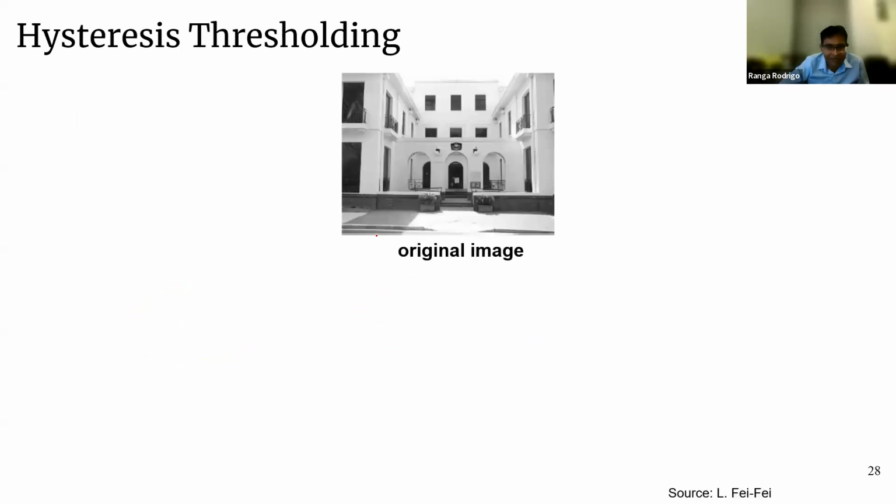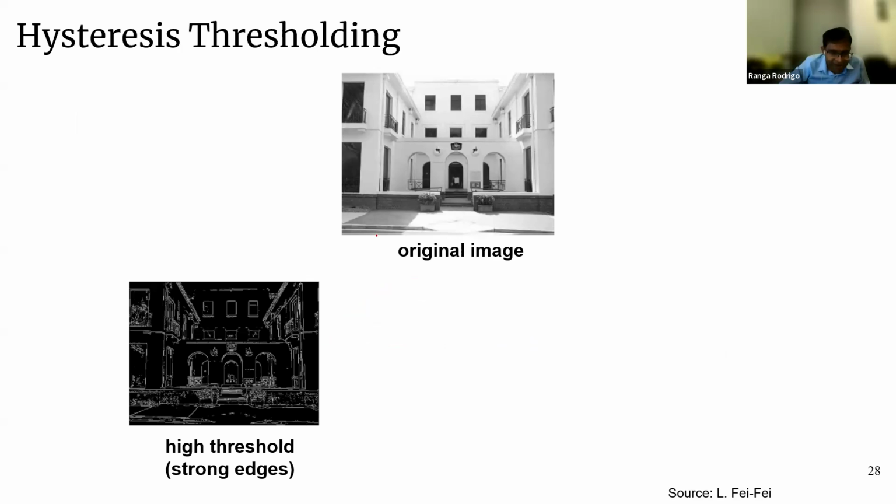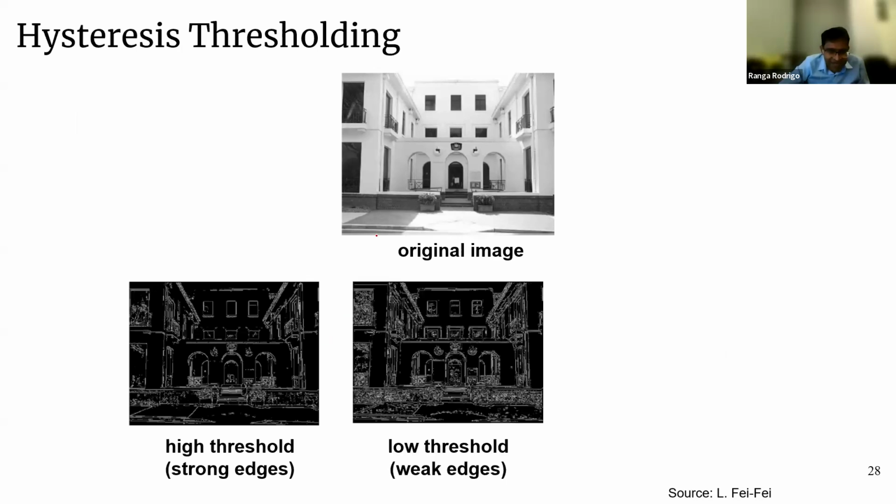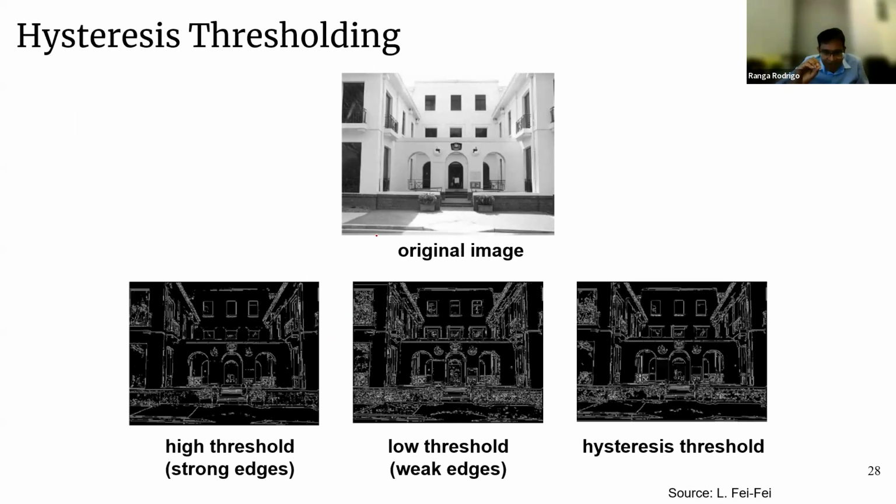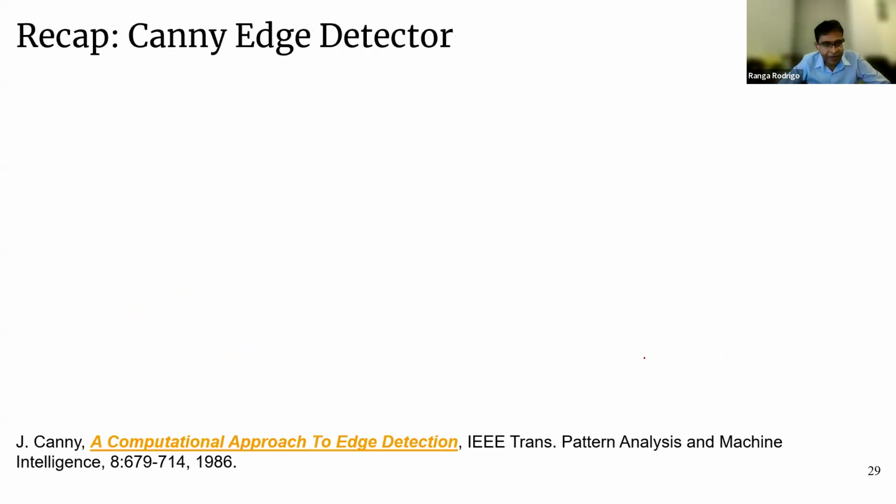So the original image is there. These are all the strong edges, high thresholded, and these are the low threshold, weak edges also. With the hysteresis thresholding, the weak edges connected to the strong edges also survive. Now I think you can understand how to do that.